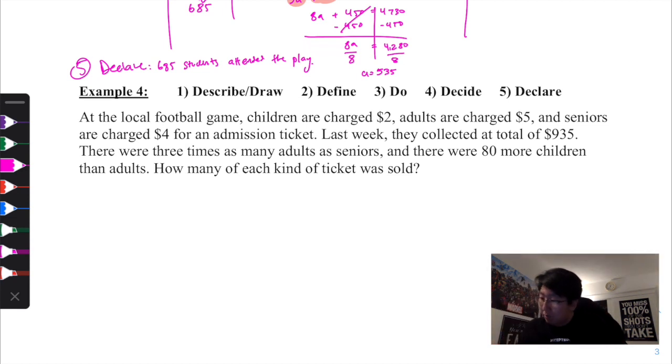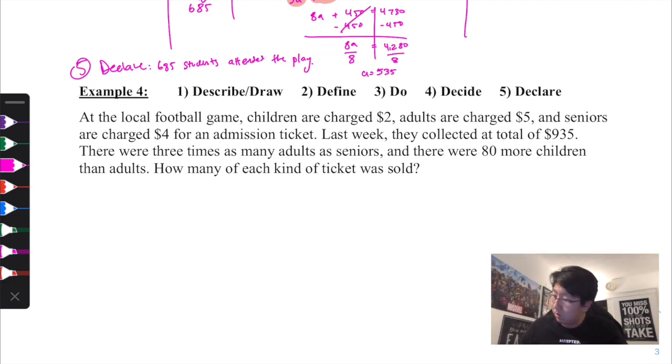There were 3 times as many adults as seniors. There are 80 more children than adults.